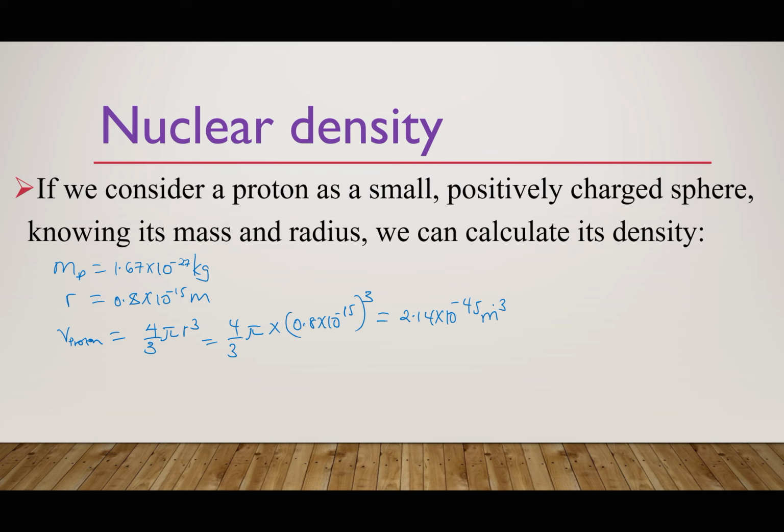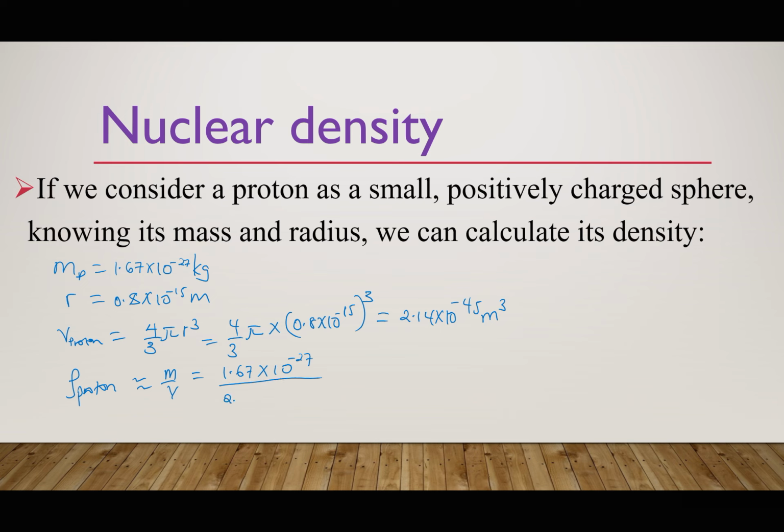That is volume. If I want to estimate the density of the proton, density is mass over volume. So this is going to be the mass of a proton, which is approximately 1.67 or 1.66 times 10 to the power of minus 27. Normally in the exam, the mass is quoted as 1.67 rather than 1.66.